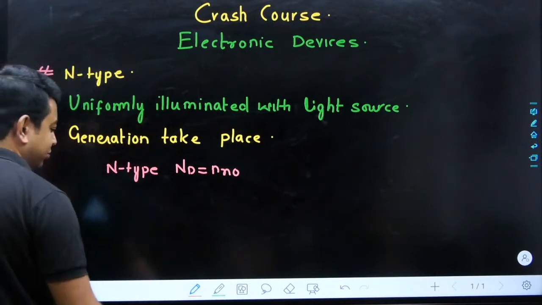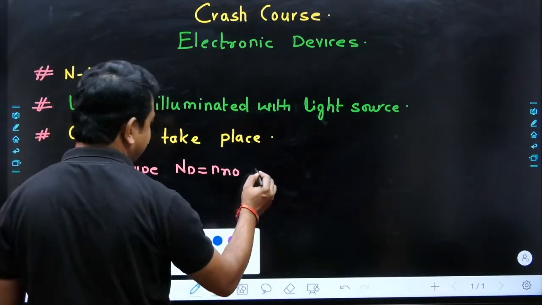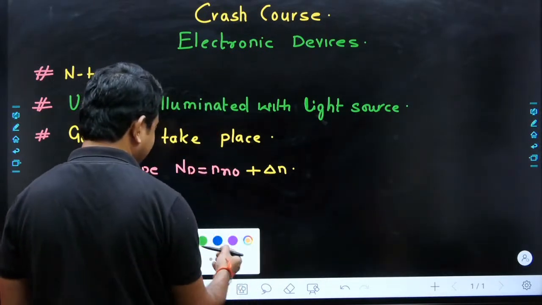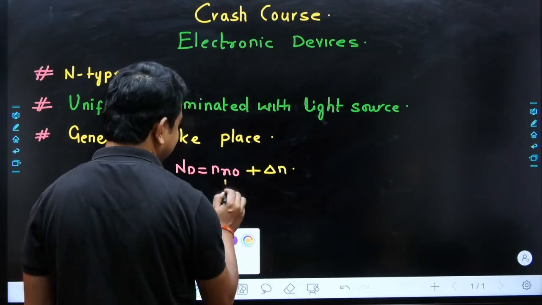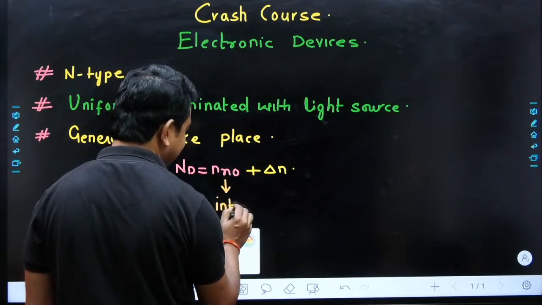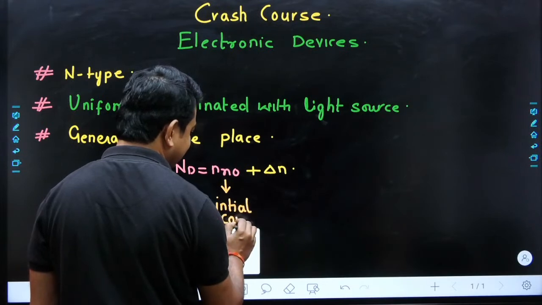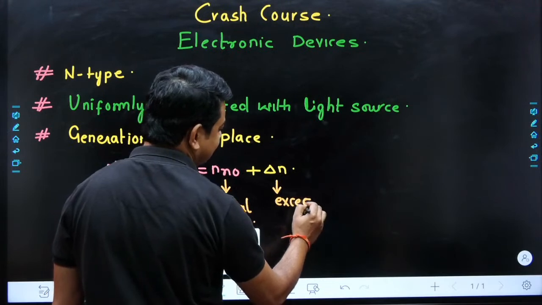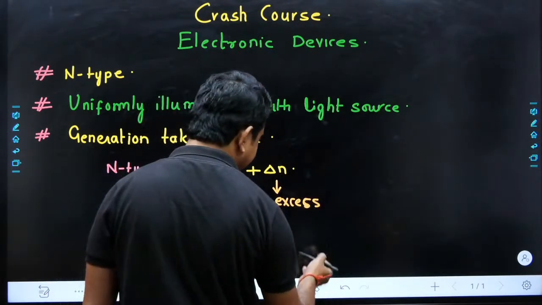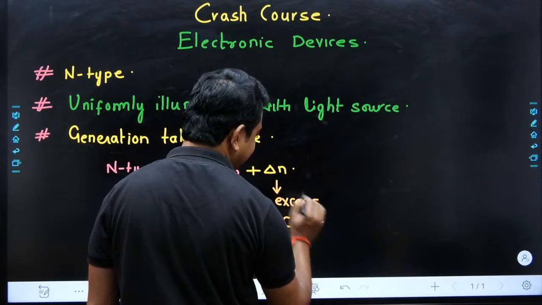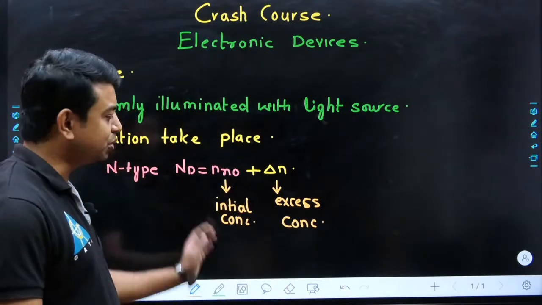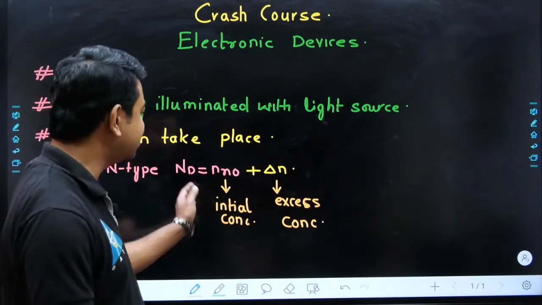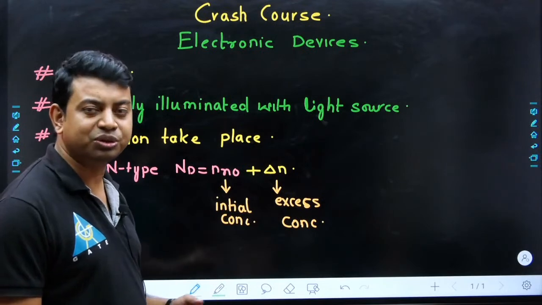Now, after illumination we are having some excess concentration. So, how we can write this excess concentration? This is excess concentration. So, we have two things here. What are those two things? Sir, this is nothing but the initial concentration of majority, and this is nothing but the excess concentration after illumination. These are the two things present inside the semiconductor, which give the total concentration of electrons within the semiconductor.